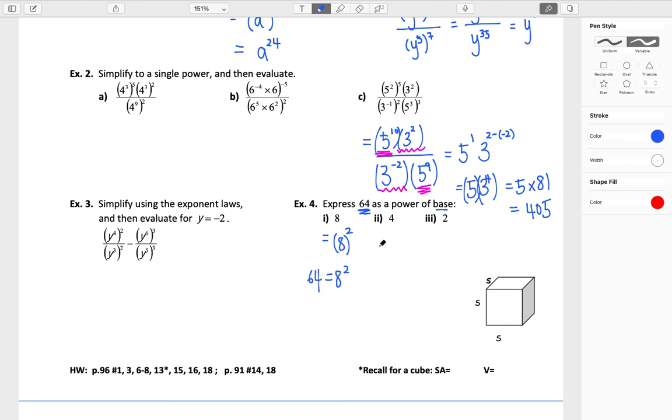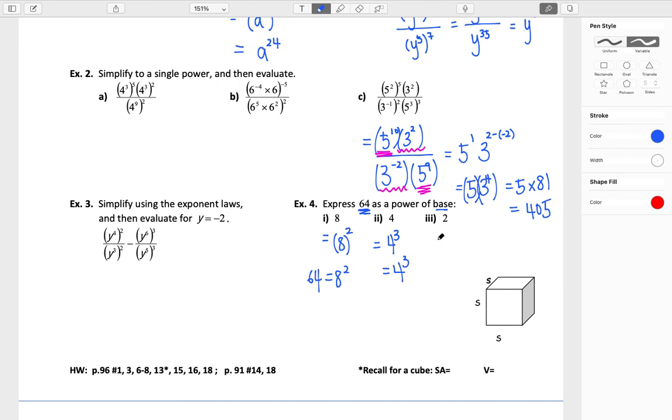What about 4? All you need to do is just do trial and error. Is it 4 squared? No, that will give me 16. What about 4 cubed? Yes, 4 times 4 times 4 will give me 64. Okay, so we don't want to have a decimal in the exponent, always a fraction or a whole number.